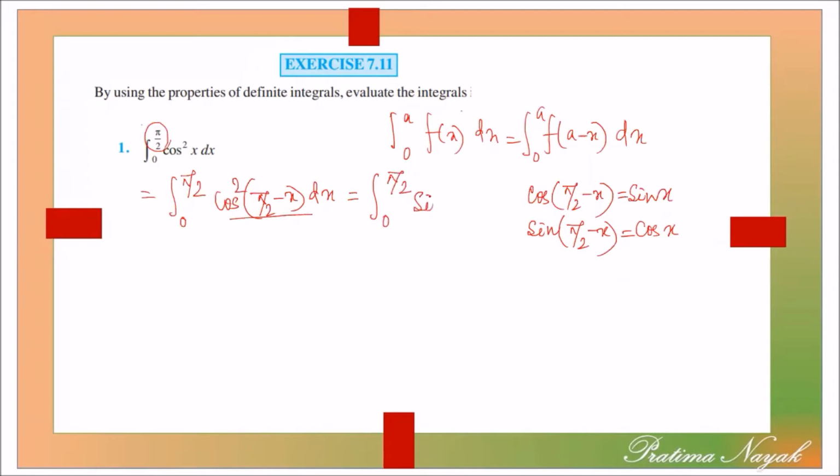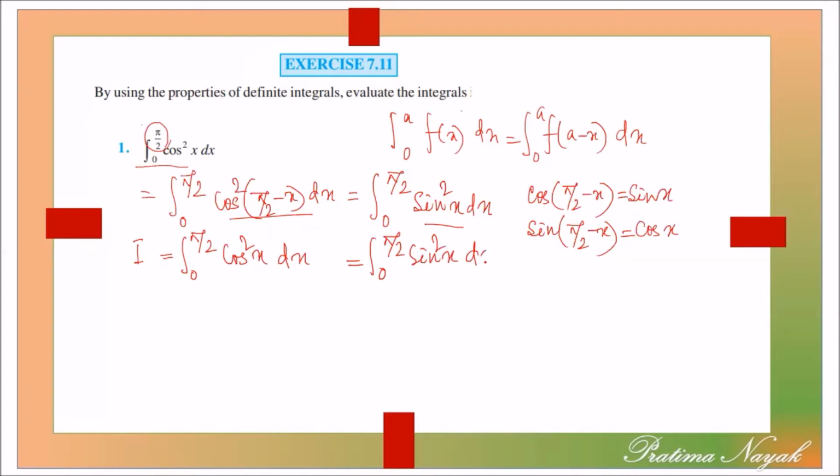So sin square x. So I started from this and I got this. That means both the things I'll name as integral. So one integral I am writing 0 to pi by 2 cos square x. Same integral I am finding it is 0 to pi by 2 sin square x.